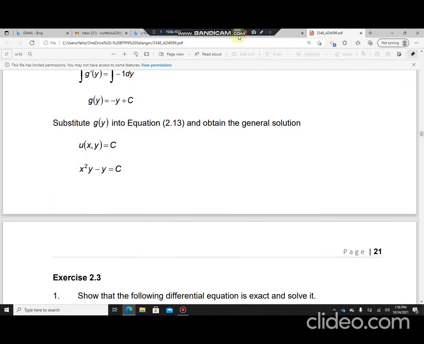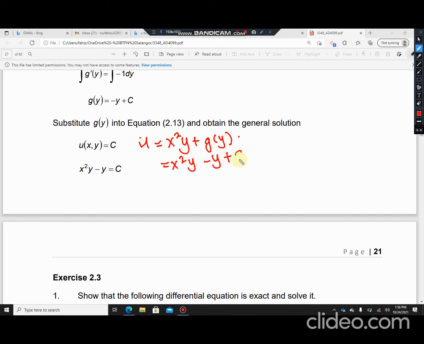Okay, so since g(y) adalah negative y plus c, jawapan kita biasanya kita nak dalam c equals to c.